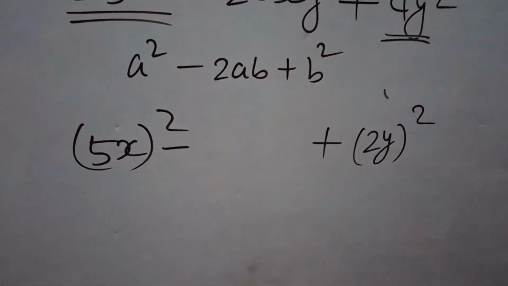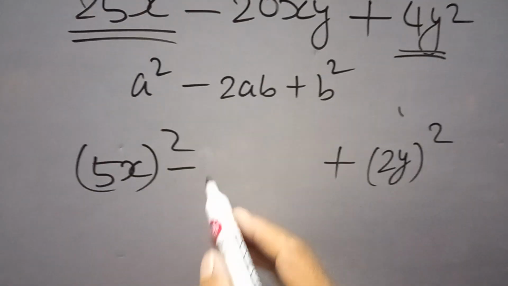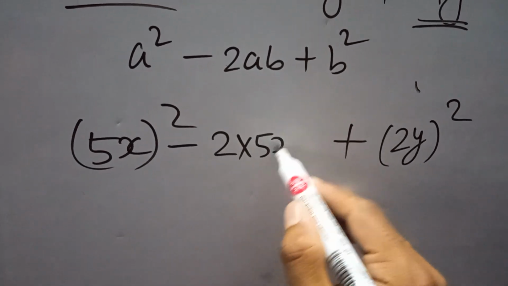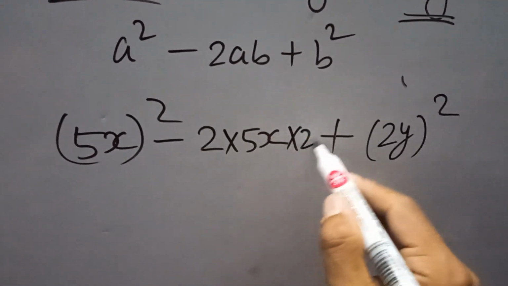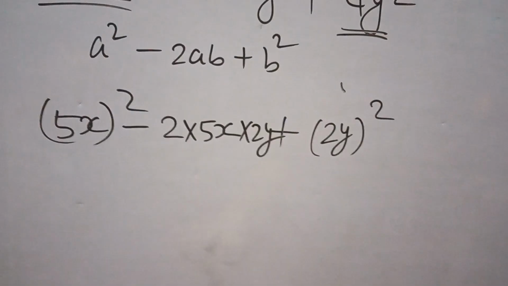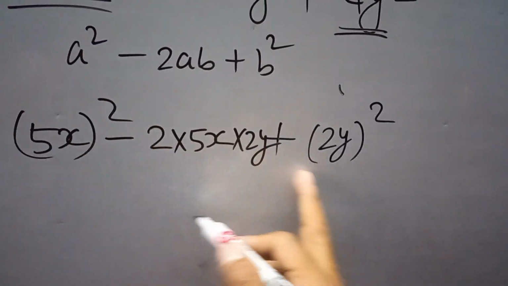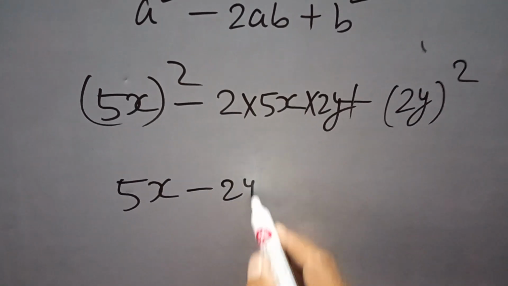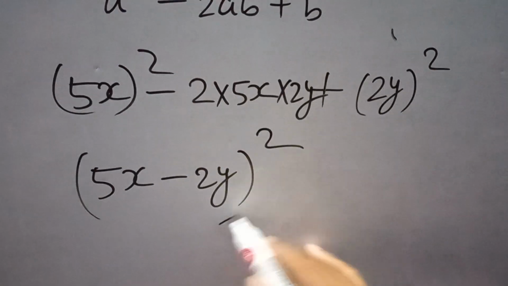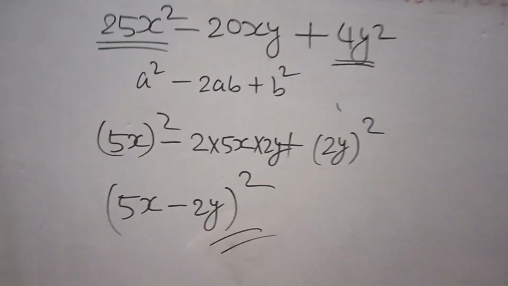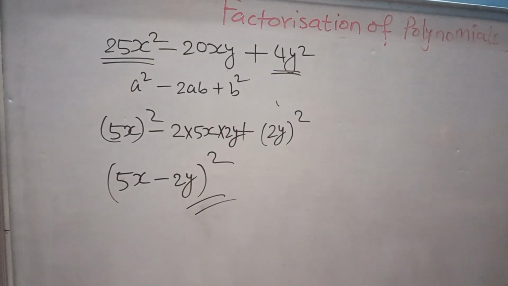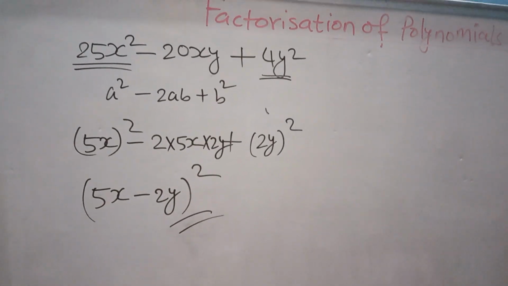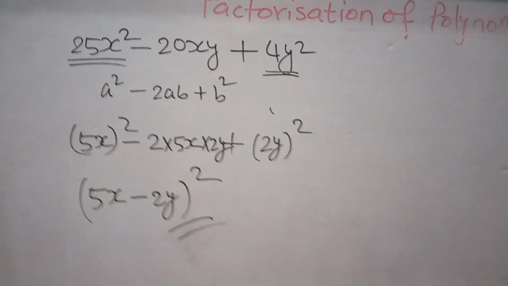Now in the middle, minus 2ab. Now it becomes easy. 2 is 2 from the formula. A means 5x, b means 2y. It's quite easy now. A square minus 2ab plus b square. So this is a minus b whole square. It's done. 5x minus 2y whole square. That means 5x minus 2y in the brackets times 5x minus 2y in the brackets.